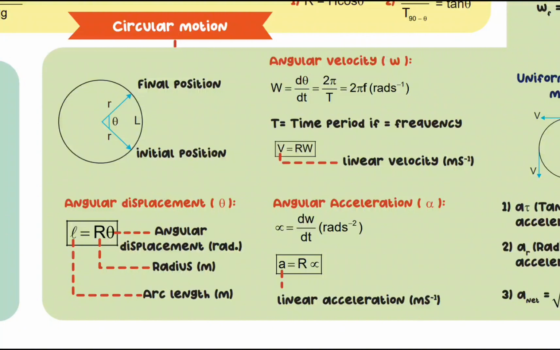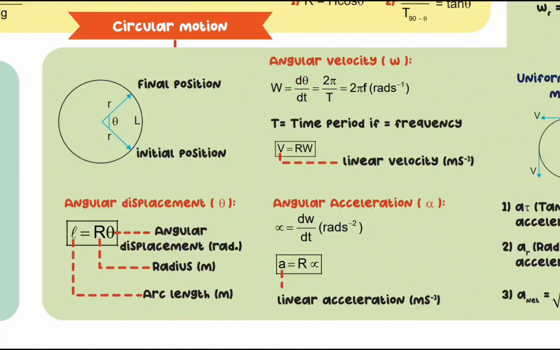Circular motion. Angular displacement theta: L is equal to r theta, where L equal to arc length, r means radius and theta means angular displacement taken in radian. Angular velocity omega: omega is equal to d theta by dt, equal to 2 pi by T, which is equal to 2 pi f radian per second.